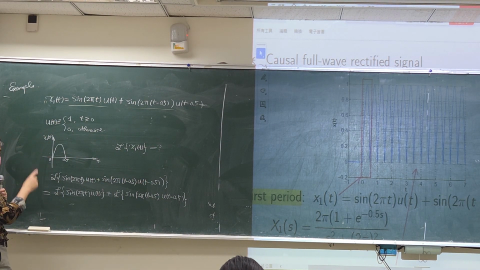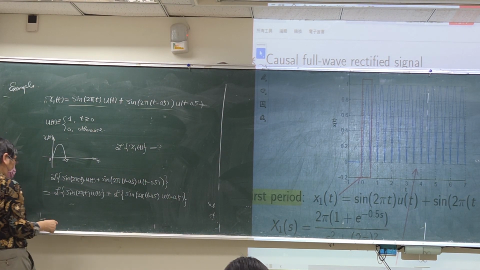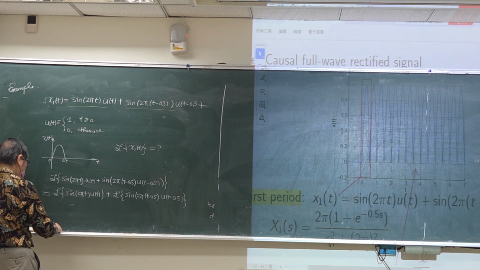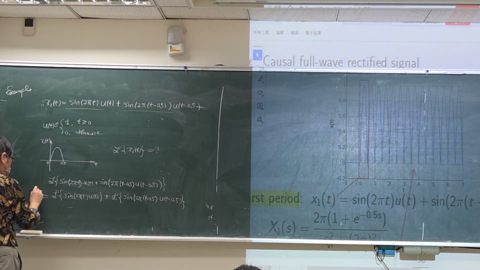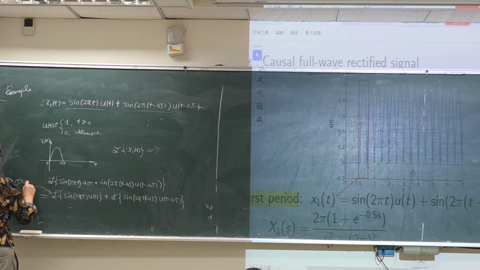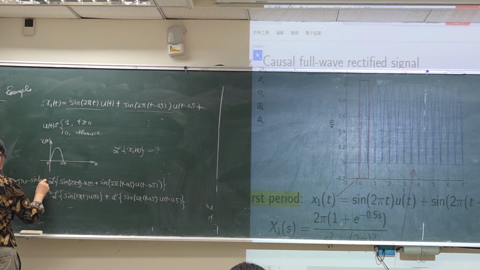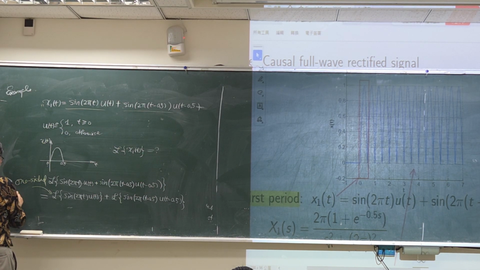Okay, give me 1 second. Write one more line here. Now, for the Laplace transform we are using the one-sided Laplace transform, which means this.